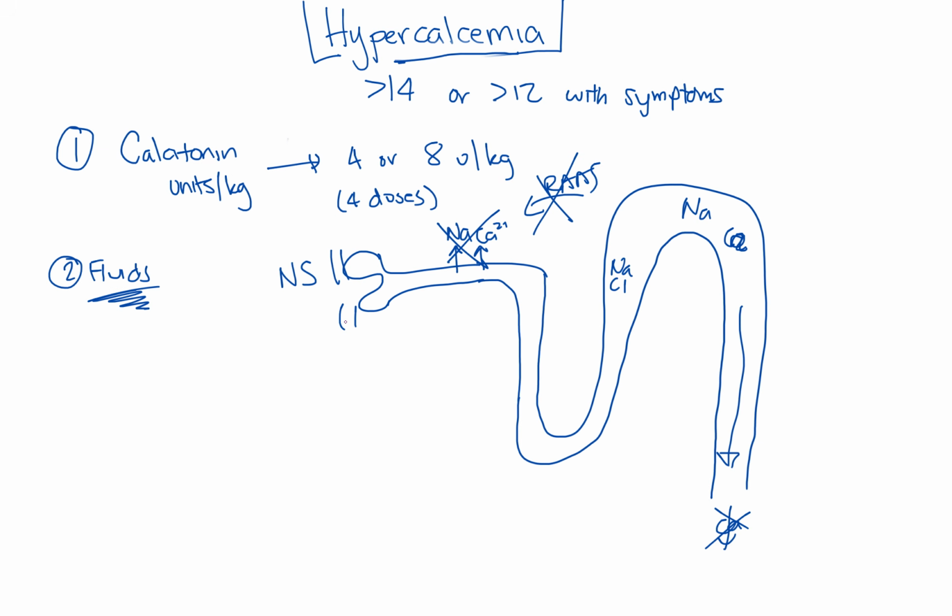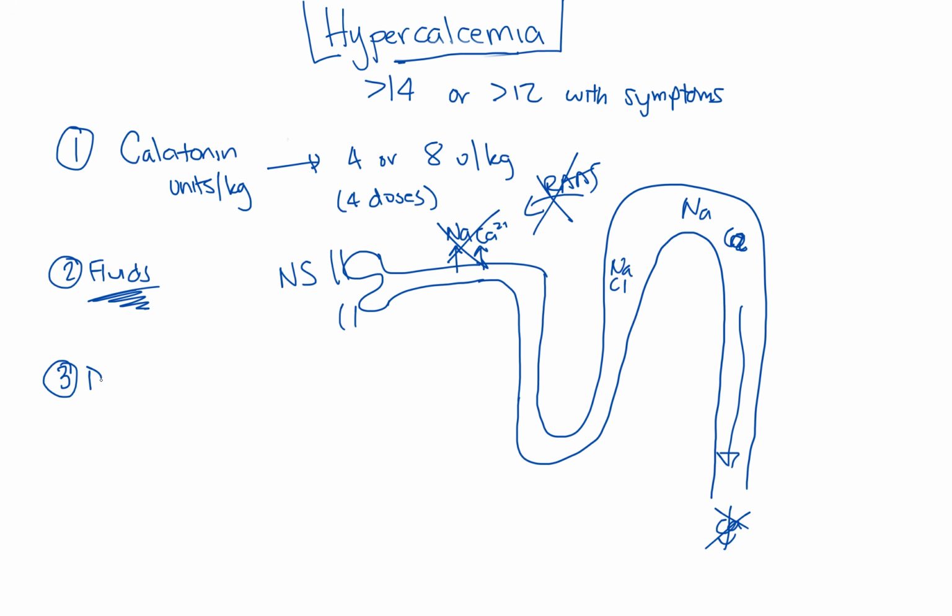It's the cleanest way, but you will not be wrong by doing LR either, technically speaking. Okay, so fluids helps shut off this feed forward loop of reabsorption of calcium in the proximal tubule because of the natriuresis that calcium causes in the volume contracted state that calcium caused earlier, right? So that's why we do fluids.